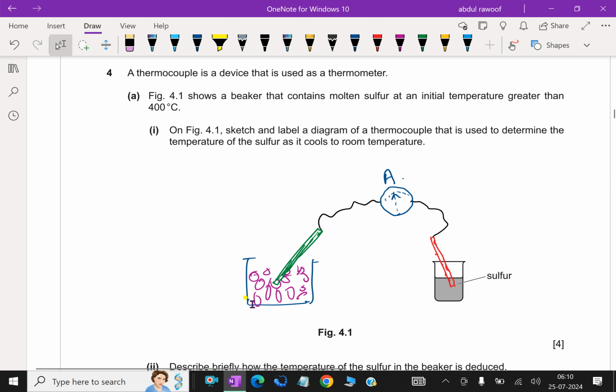Because of the different temperature, terminals made of two different metals are connected in series with the ammeter. It shows some current flows through. This is by the Seebeck effect. By using this method, we can measure the high temperature of the material on one side, while the other side's temperature we know. This is a simple diagram for a thermocouple.